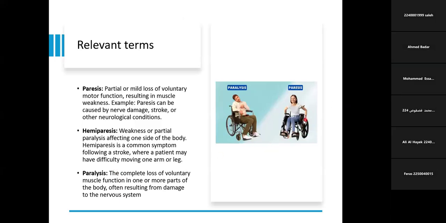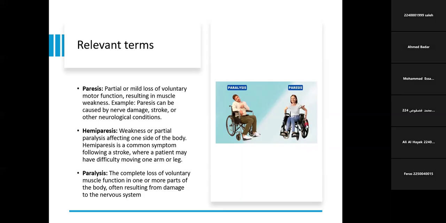Look, there is a difference between these two. She cannot stand, he cannot stand. But she can herself move her wheelchair. I hope you are understanding. He cannot move his wheelchair. Someone will push. She can hold her neck. He cannot hold his neck.